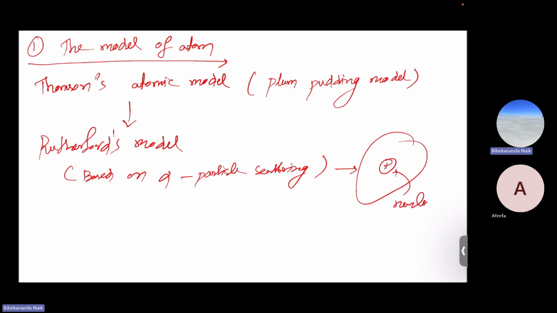The electrons are revolving around the nucleus in certain orbits. But Rutherford did not give an explanation about the stability and the structure of the atom.